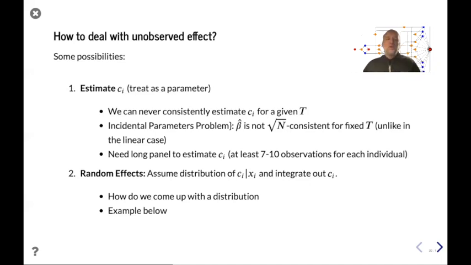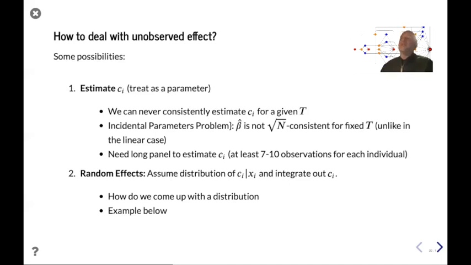Now, of course, in this course, we're considering the asymptotics where n is going to infinity, that is, the consistency of estimators as we get more and more data in the cross-sectional dimension.